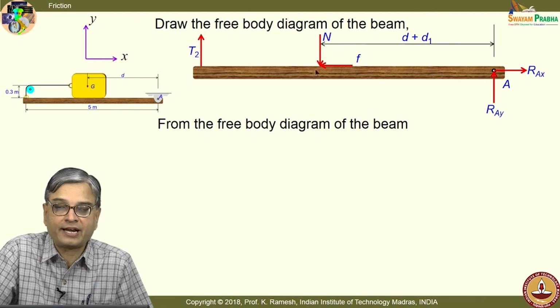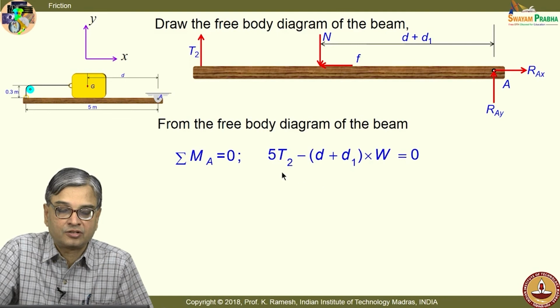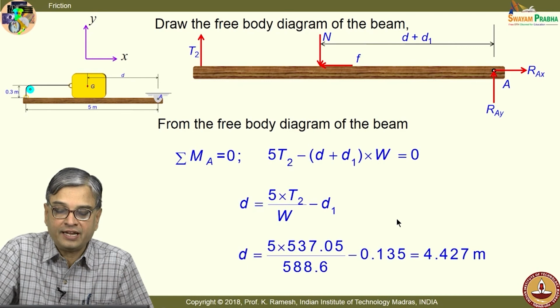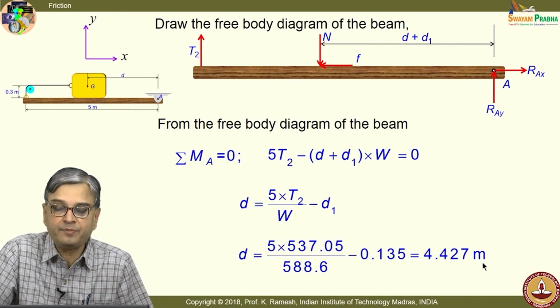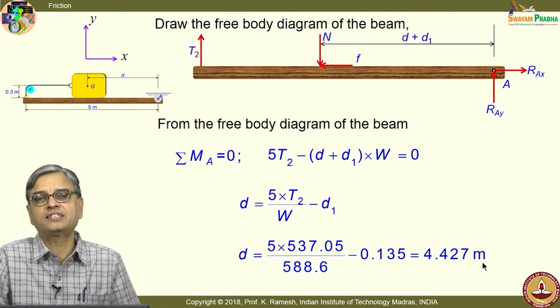So, from this free body diagram, I can estimate what is the value of d plus d1. So, when I take the moment about A, I get this as pi T2 minus (d plus d1) into W equal to 0. So, I get d equal to this expression, and finally, d turns out to be 4.427 meters.